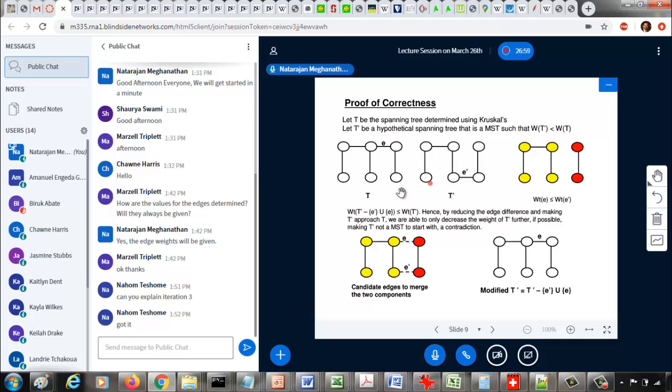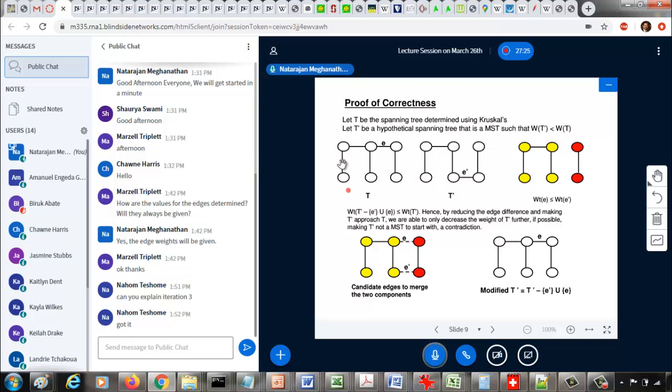So when I say this T found by Kruskal's is not a minimum spanning tree and T prime is a minimum spanning tree, what does it mean? The weight of T prime, meaning the sum of the edge weights on T prime, is less than the weight of T, because it's a minimum spanning tree.